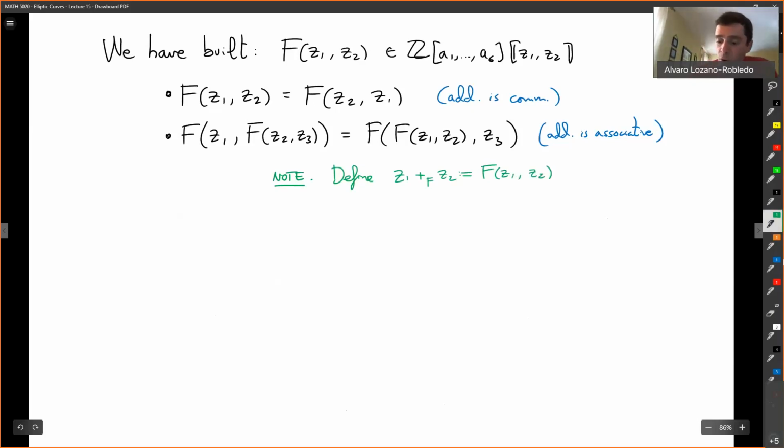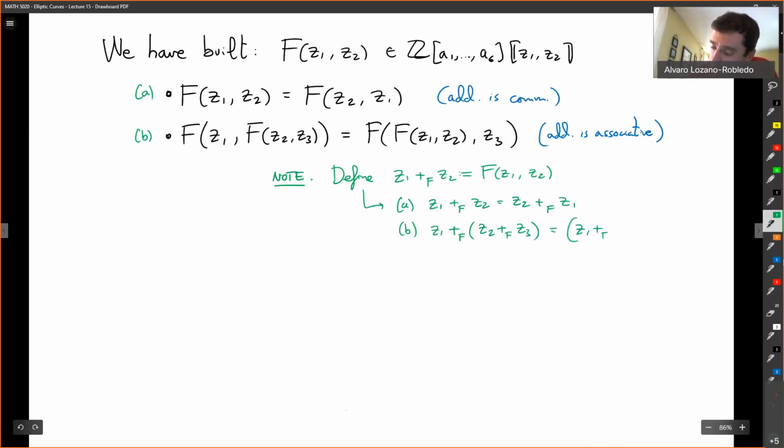Then what the property says, if this is A and this is B, is that A says z1 plus f z2 is z2 plus f z1, and B says that z1 plus f z2 plus f z3 equals z1 plus f z2 plus f z3 with the other grouping. It's just saying that this addition we've constructed is associative and commutative.